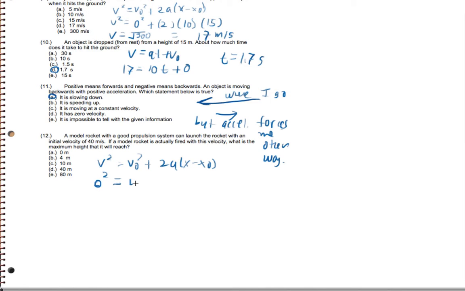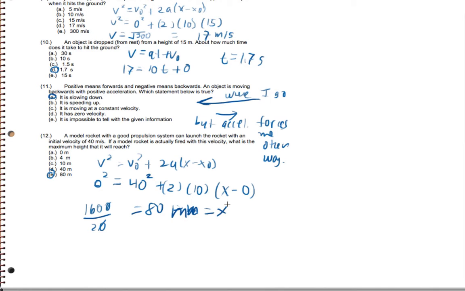My initial speed is 40, so I square that, plus 2 times 10 times x minus unknown. I'm just going to work with absolute values here. So I'm going to get 1600 divided by 20. And when I solve that, I get 80 meters of height is what the rocket is able to achieve.